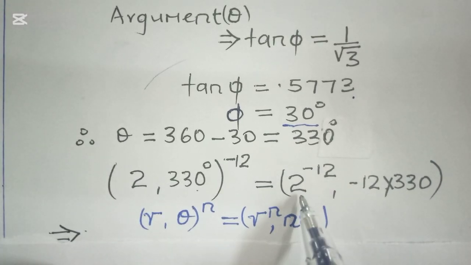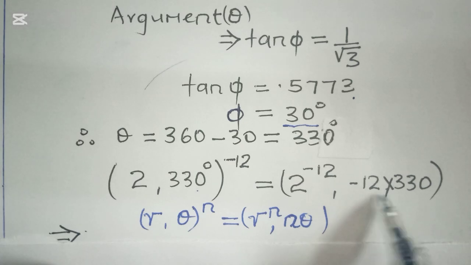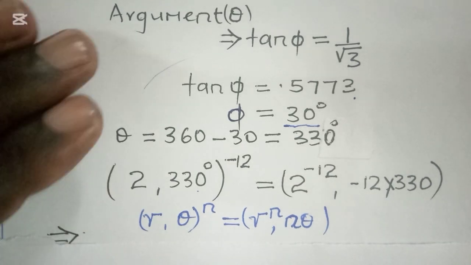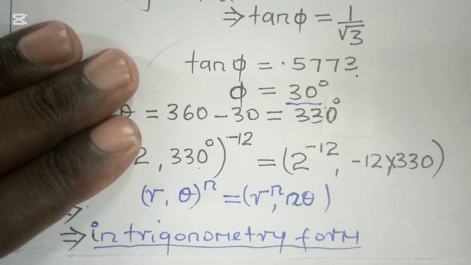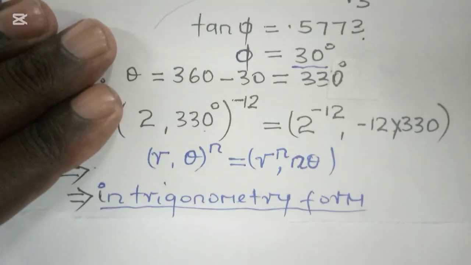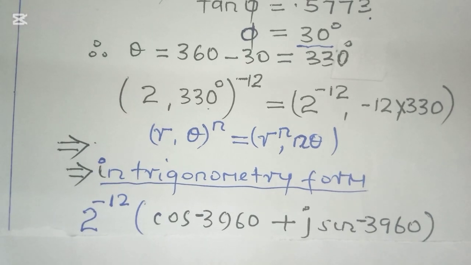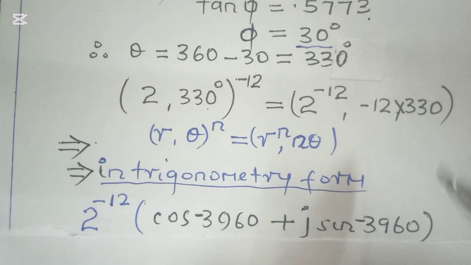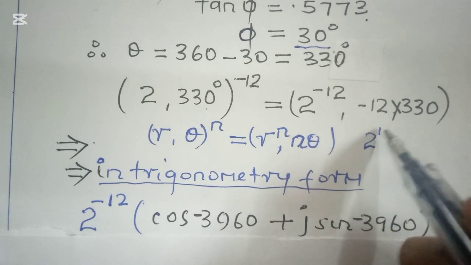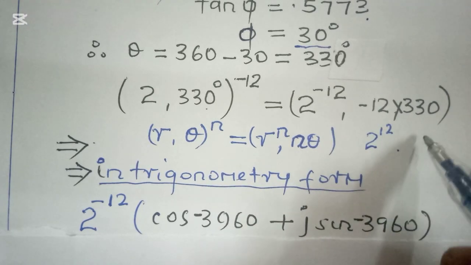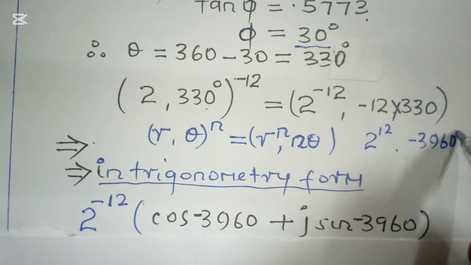So now we write 2 raised to negative 12, then we multiply negative 12 by 330. When we do that, we can now put them in trigonometric form. We have already multiplied, so we got here 2 raised to negative 12, and then this one became negative 3960 degrees.